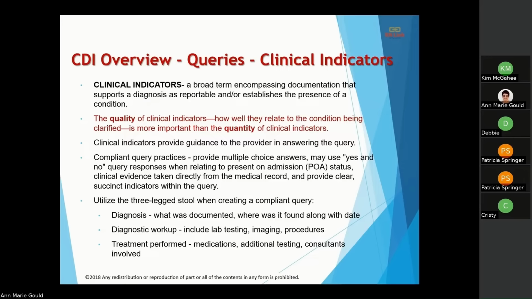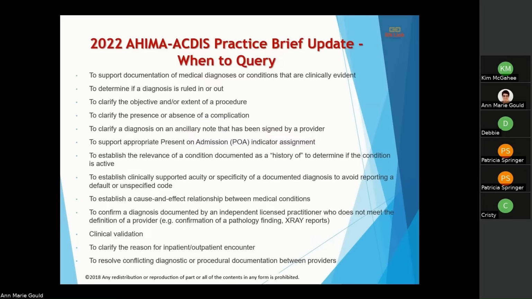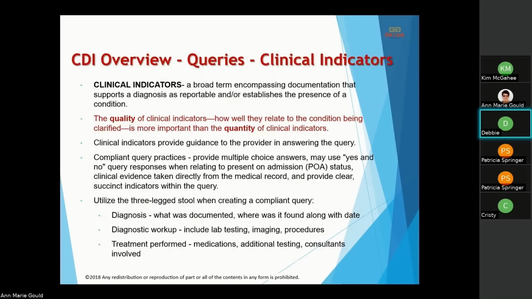So my brother had a bad accident a year ago, and we got his chart for personal reasons. There was a query in there. I about died. It was 4 pages. Wow. In his chart.